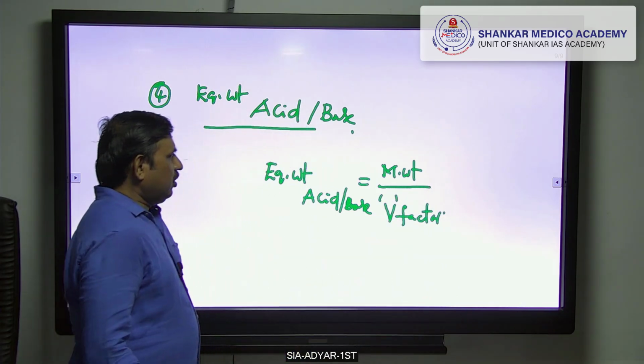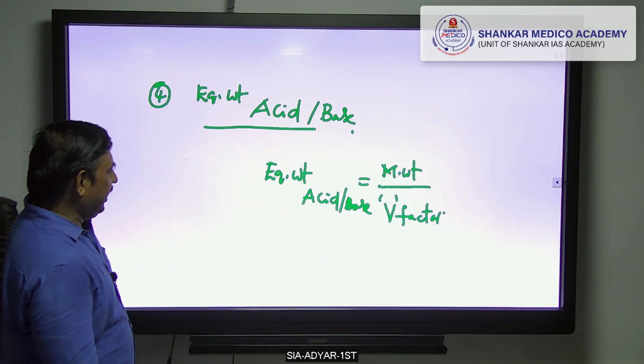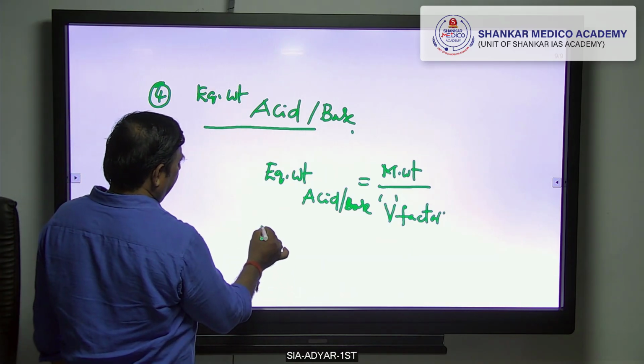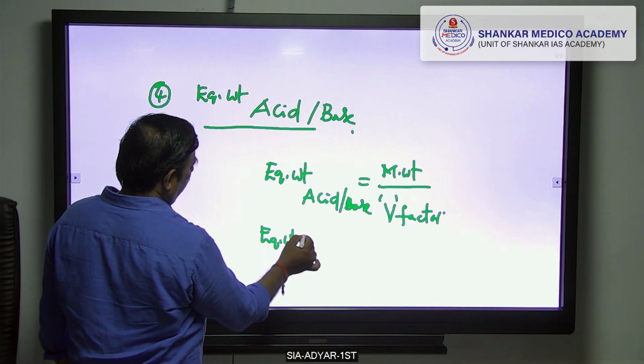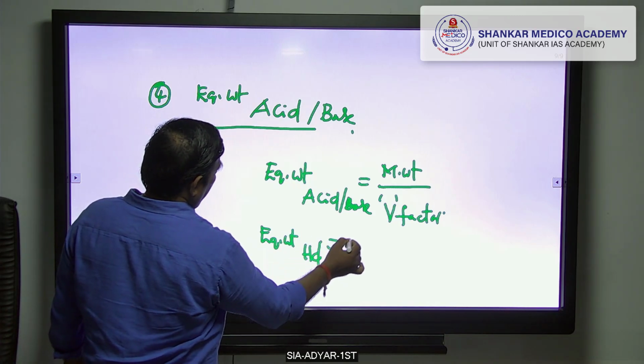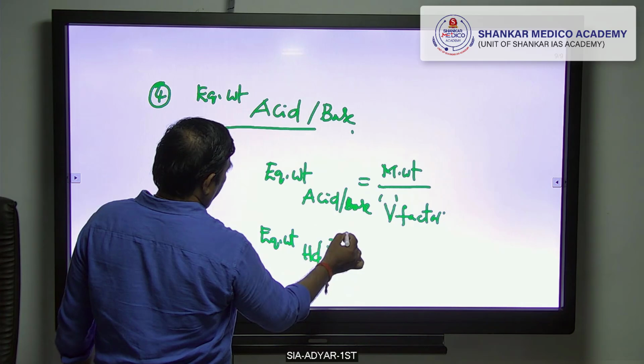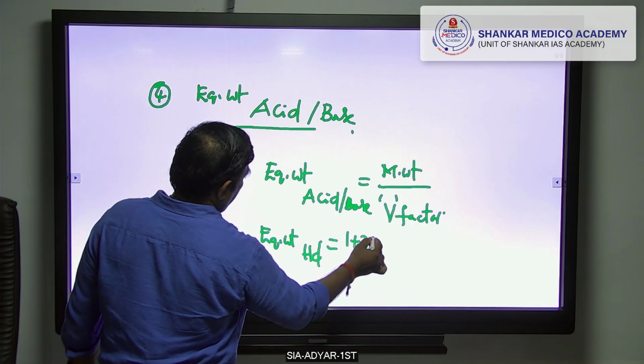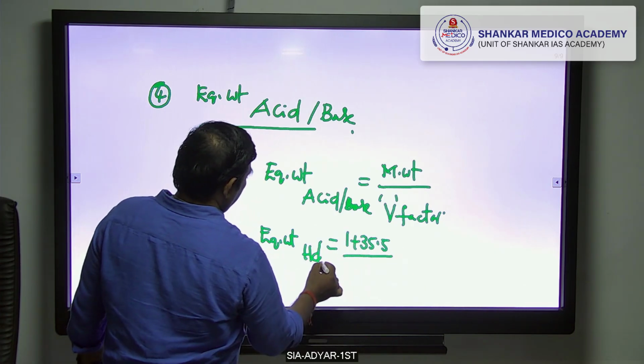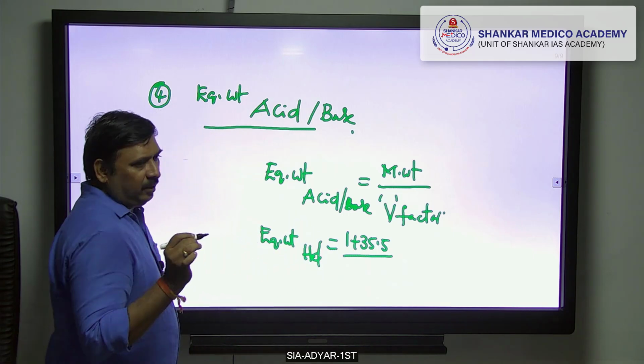Suppose you are taking the equivalent weight of hydrochloric acid. The molar mass: hydrogen is 1, chlorine is 35.5. Then the n factor.